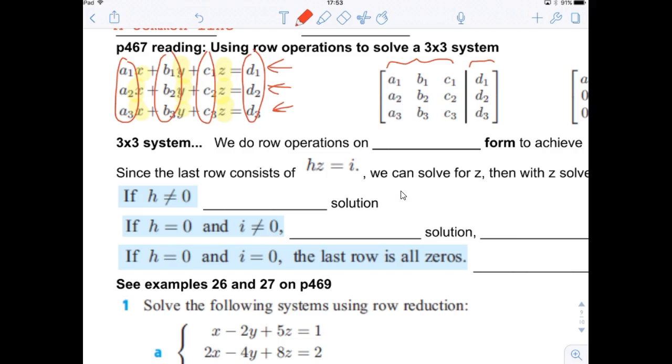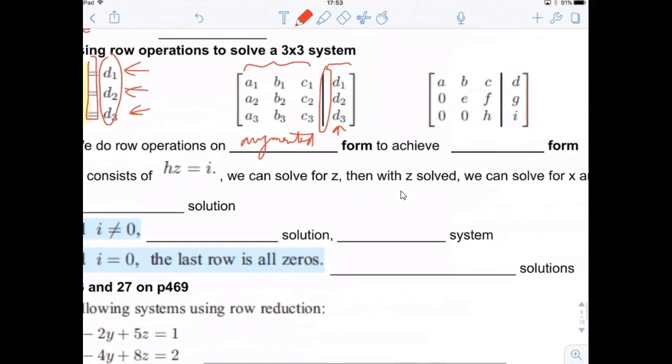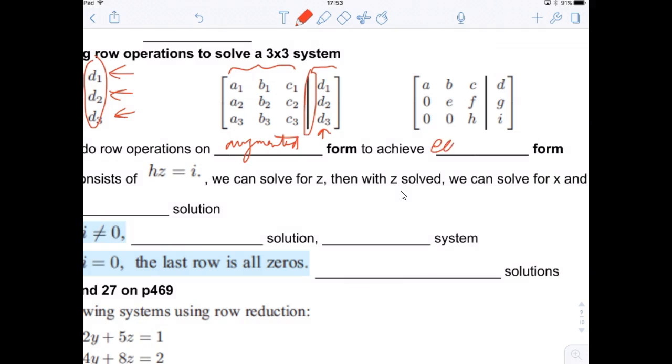The augmented matrix has an extra column on the right side with a vertical line here. The vertical line represents the equal signs. We do row operations on the augmented matrix form to achieve echelon form. What is echelon form?